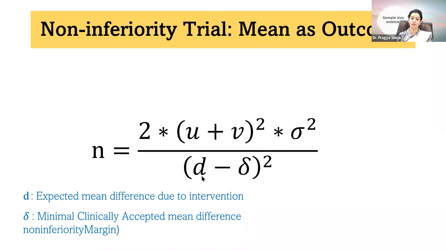So if you have some difference in the expected mean difference due to intervention, your sample size will increase by a very huge amount, maybe into thousands, 2,000, 3,000.